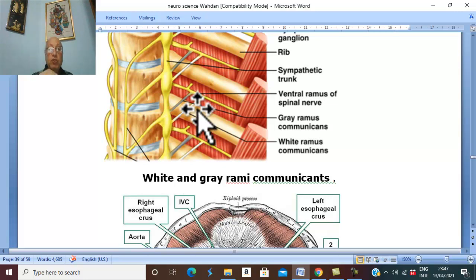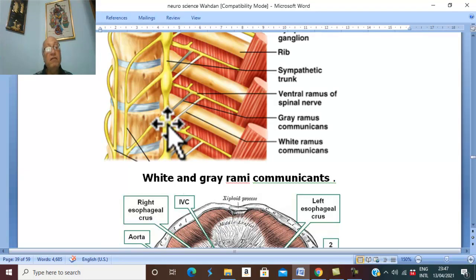Because this is the thoracolumbar origin of the preganglionic fibers of the sympathetic nervous system. The preganglionic fibers run in the anterior primary rami, and in the anterior primary rami, the preganglionic fibers leave the spinal nerve to pass to the sympathetic chain, and the preganglionic fibers are myelinated. Therefore, it is whitish in color.